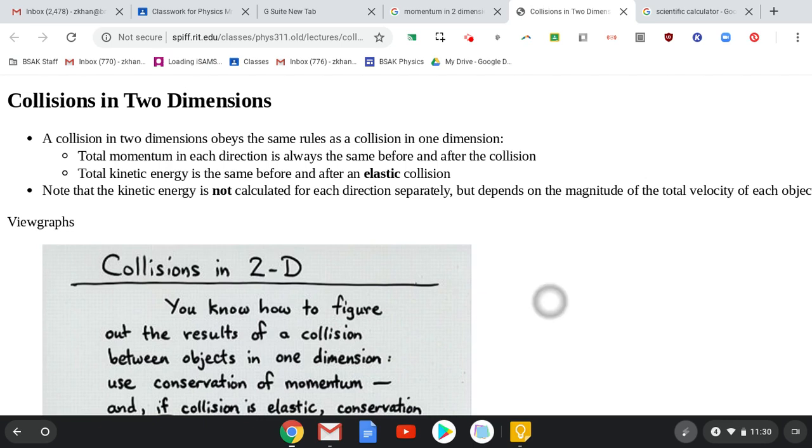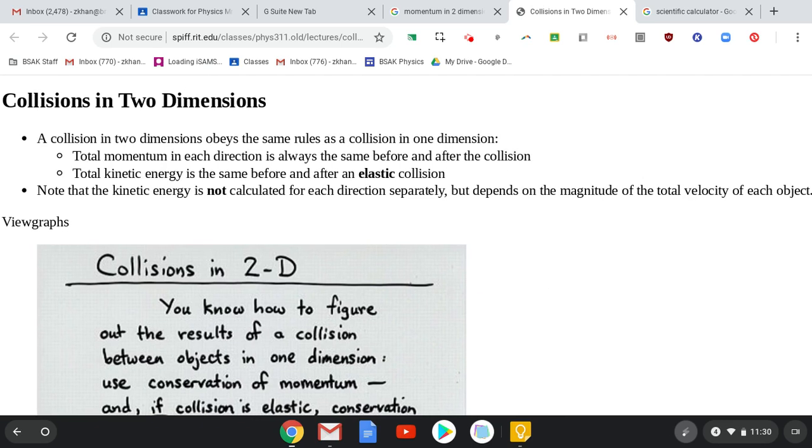Now, when we are looking at two dimensions, momentum, we will split into components. If it's two dimensions, it's x and y. So we will look at the momentum in x before and after, and the momentum in y before and after. But when we are looking at kinetic energy, remember, energy is not a vector, it's a scalar property.